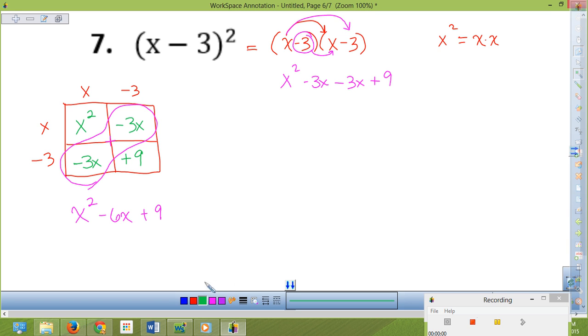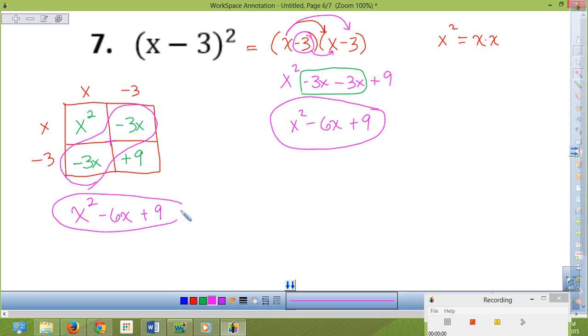You'll notice that we have a like term set right here. So our final answer will be x squared, negative 3 minus 3, same sign, so we add, so you get 6, and they're both negative, so technically it stays negative, okay? Because when we add, that's how it works. And then the plus 9 comes down, and notice how we get the same answer for both sections.